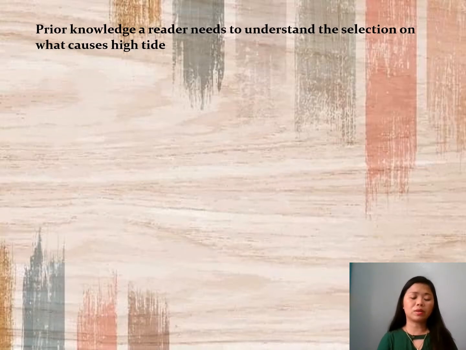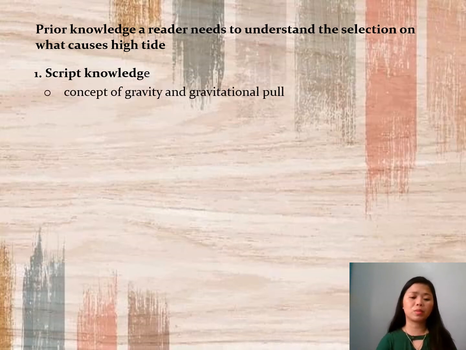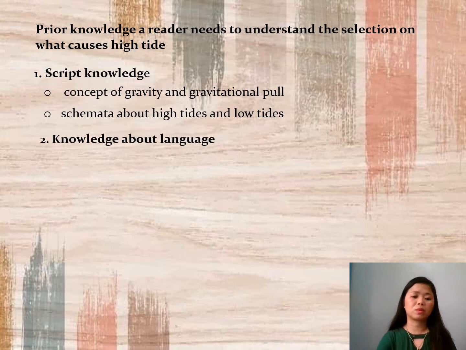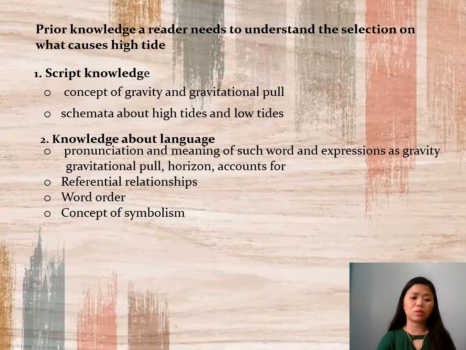So, here is some prior knowledge a reader needs to understand the selection on what causes high tide. Under script knowledge, the concept of gravity and gravitational pull, and the schemata about high tides and low tides. Next is the knowledge about language, wherein the pronunciation and meanings of such words and expressions as gravity, gravitational pull, horizon, accounts for, and the referential relationship, the word order, the concept of symbolism.